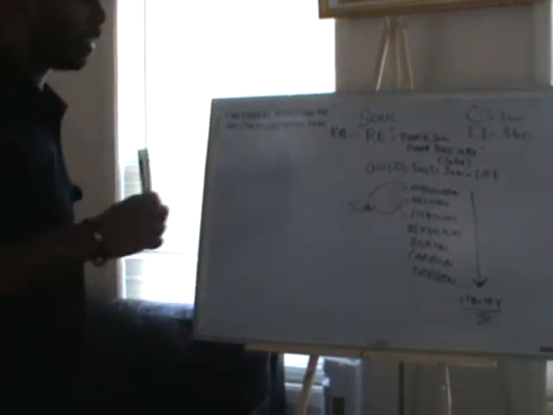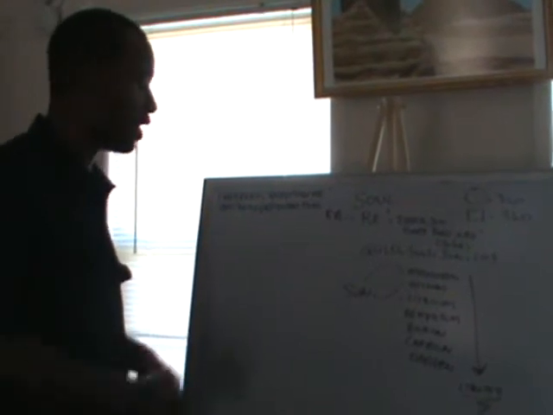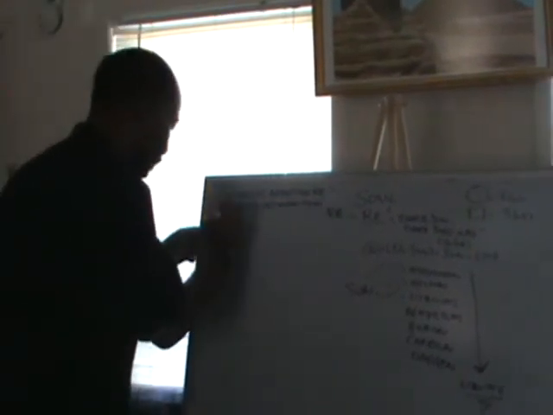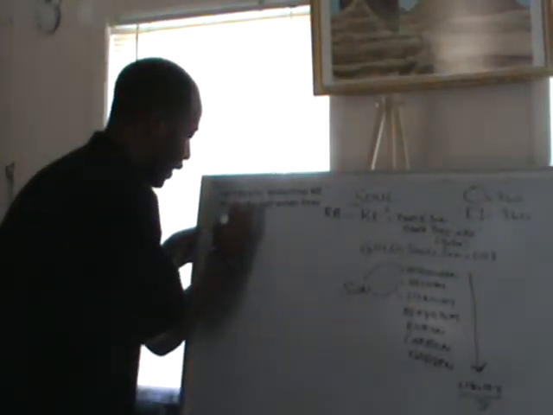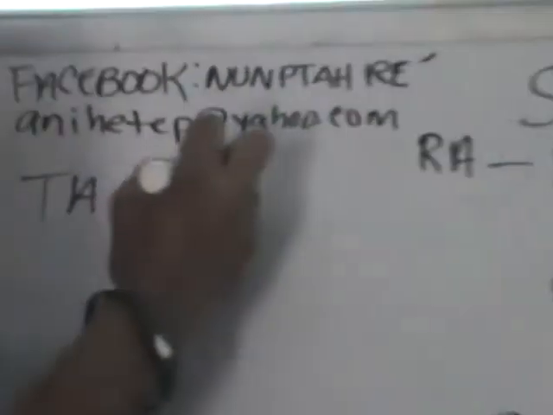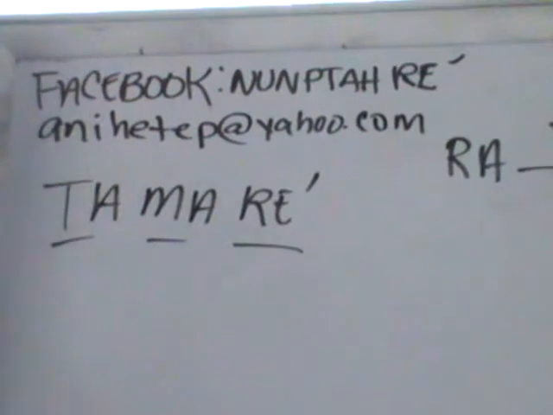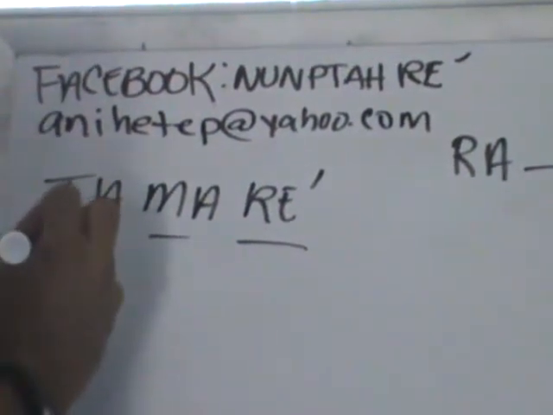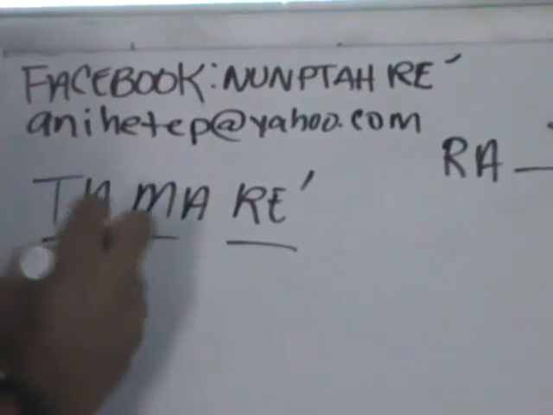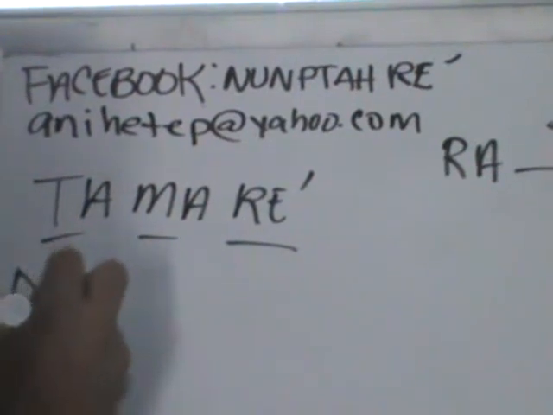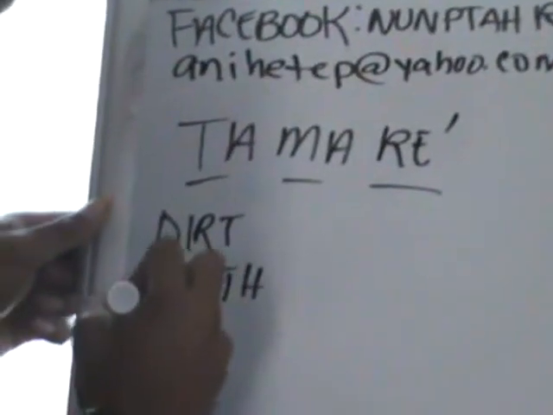This is why your ancient Egyptian ancestors, which aren't ancient anymore, I keep saying that, it's modern. And I'm using the word Egyptian for lack of a better word, which is Tamarin. Ta-ma-re. Ta representing the dirt or the ground. Don't say the earth.